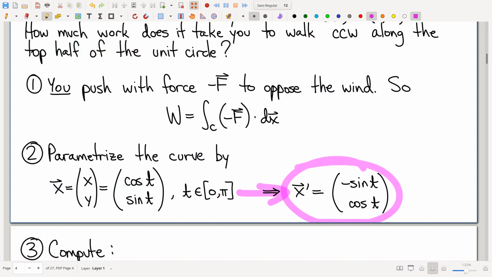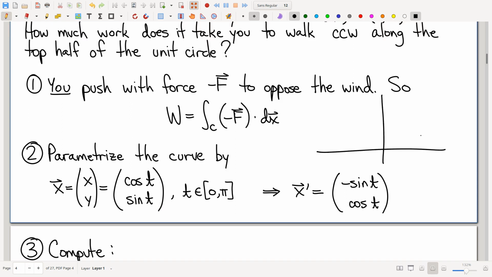By the way, if you weren't sure how to look at this and see that this is counterclockwise just from past experience, another way that you can know that you are indeed going counterclockwise is when you draw this curve, right? That curve right there.